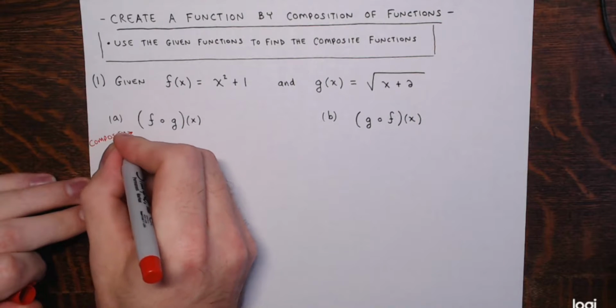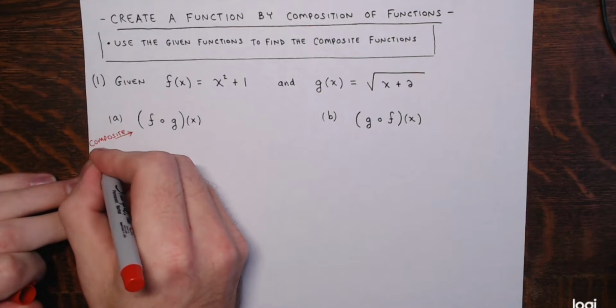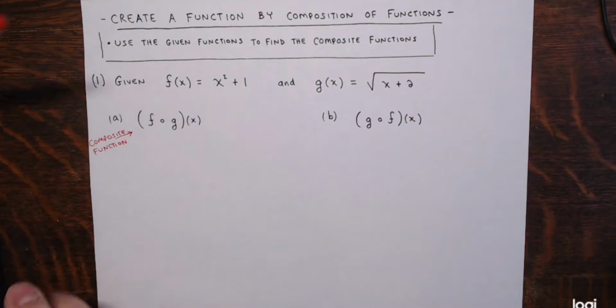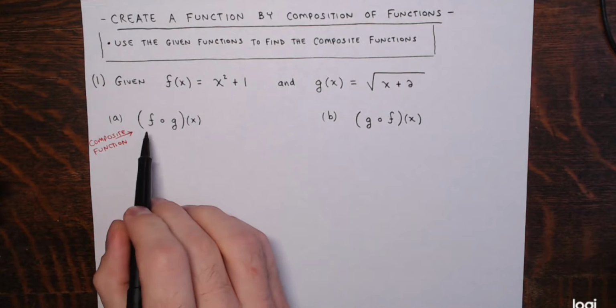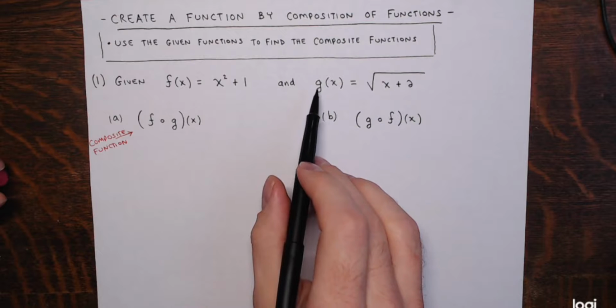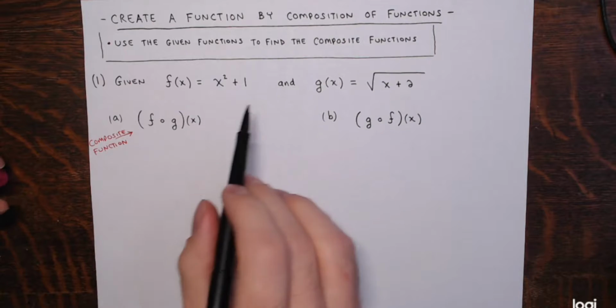Right, a composite function. It's a new function, right? It's made up of two old functions, right? We're given the old functions f and g, and we're asked to make some new ones.